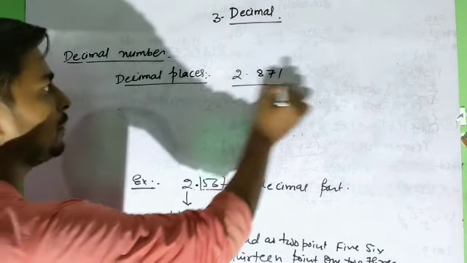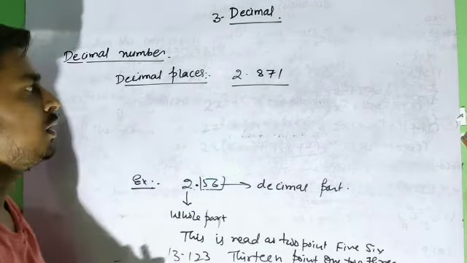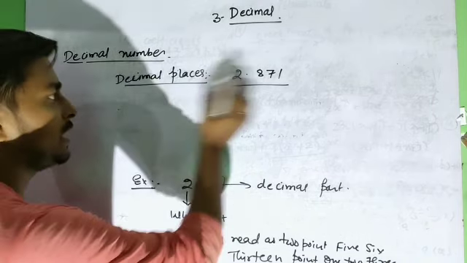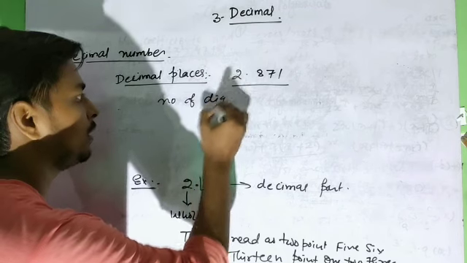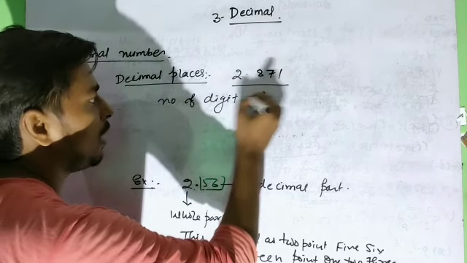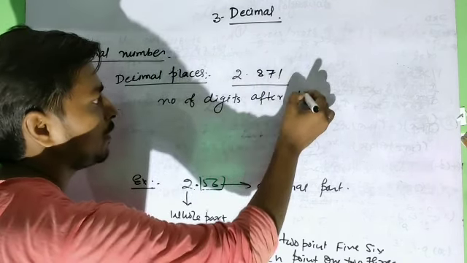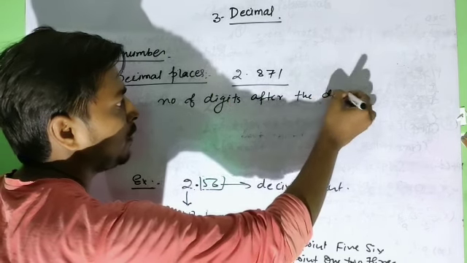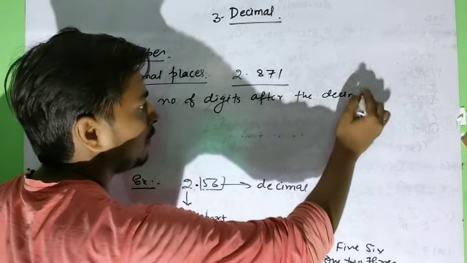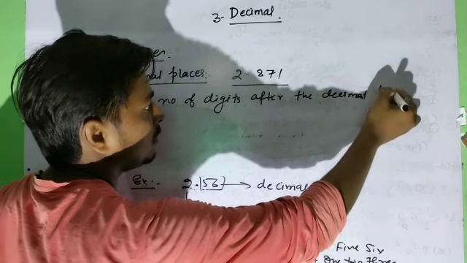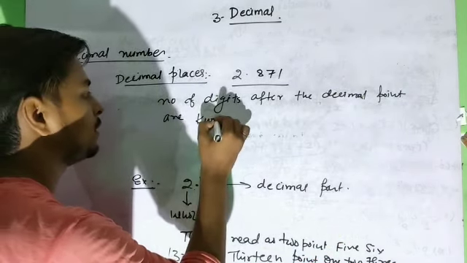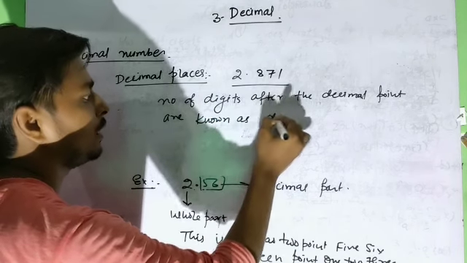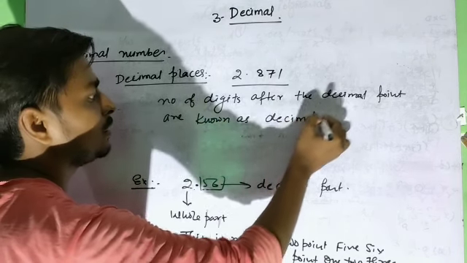In this example, decimal places means the number of digits after the decimal point are known as decimal places.